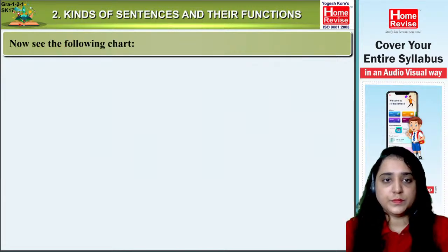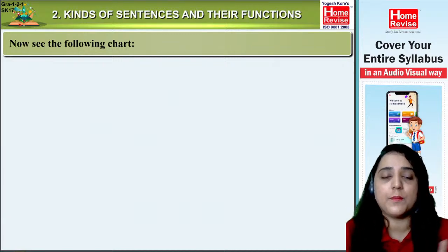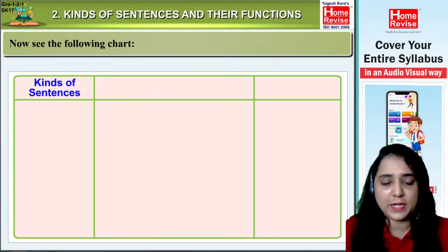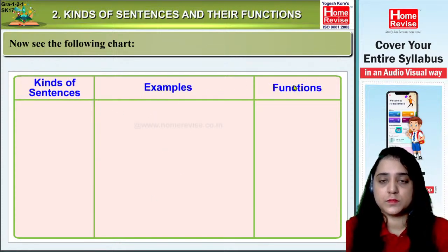Now see the following chart. Now let's understand these 5 kinds of sentences in detail with the help of this chart. Now please pay attention. Kinds of sentences, examples, functions. Assertive sentence, example, Uma is a good girl.